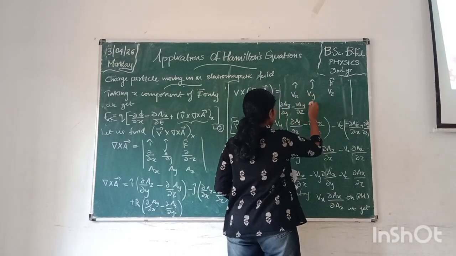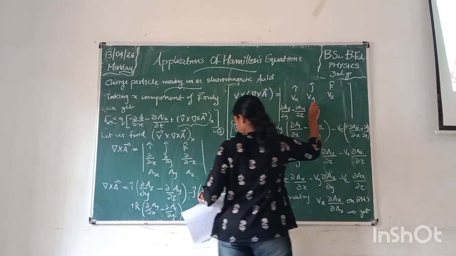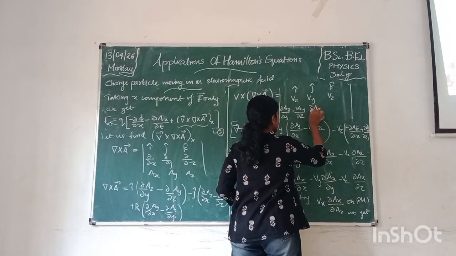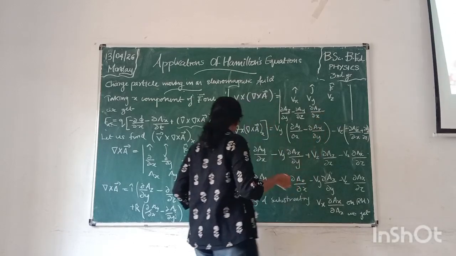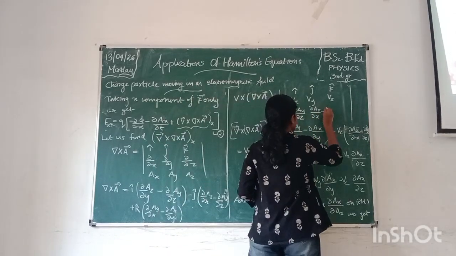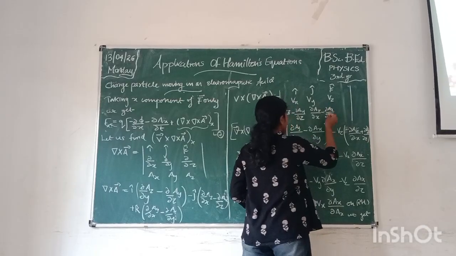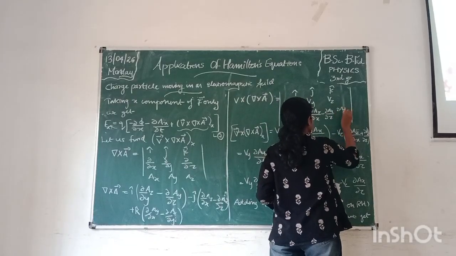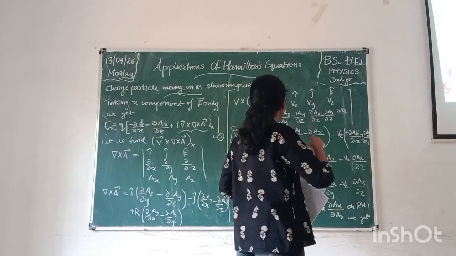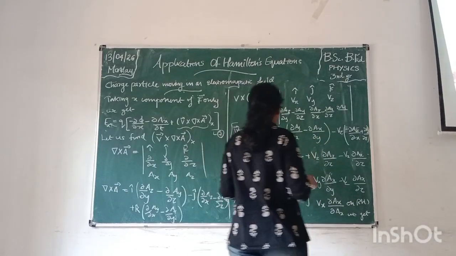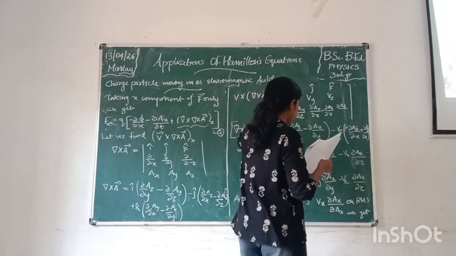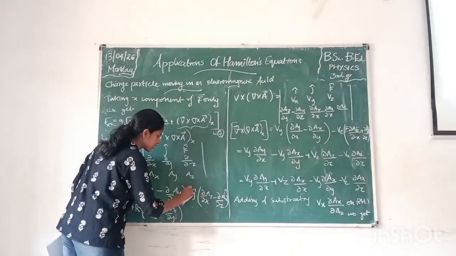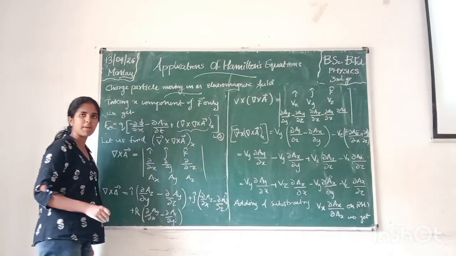Then for the j component, ∂a_z/∂x minus ∂a_x/∂z. And for k, ∂a_y/∂x minus ∂a_x/∂y. Here we are making this plus, so there will be a minus.